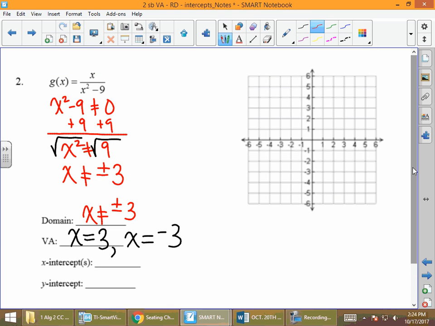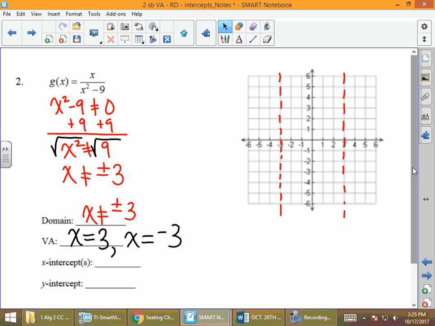And once we know the domain and/or the vertical asymptote, we can draw them in. And conceivably, what's the hardest part for people is finding the x-intercept or the y-intercept on the graph.